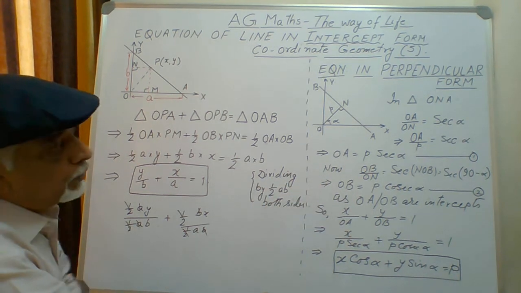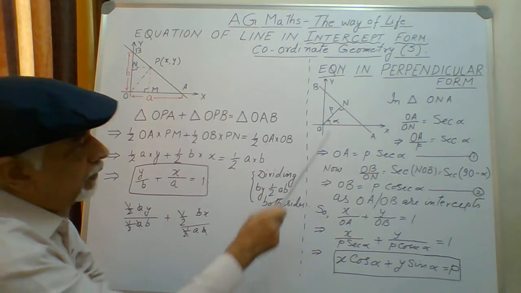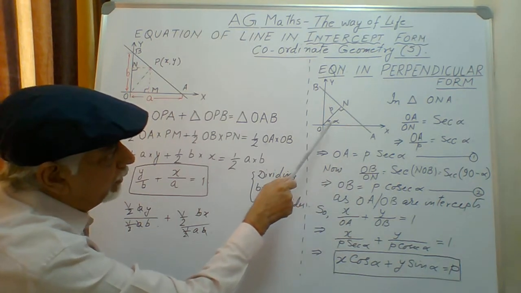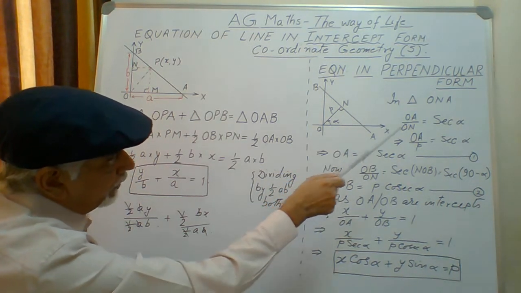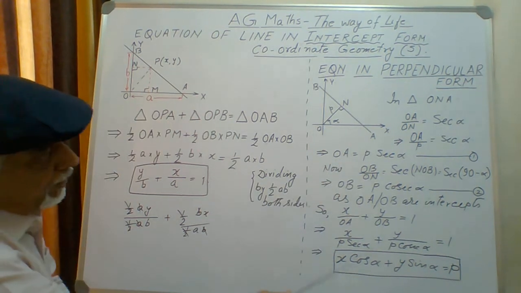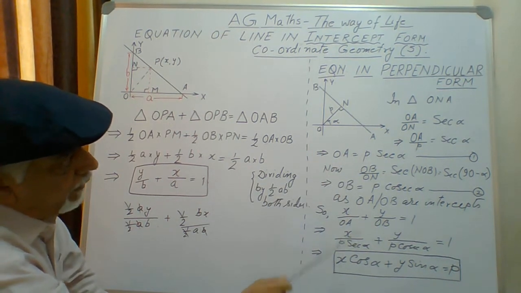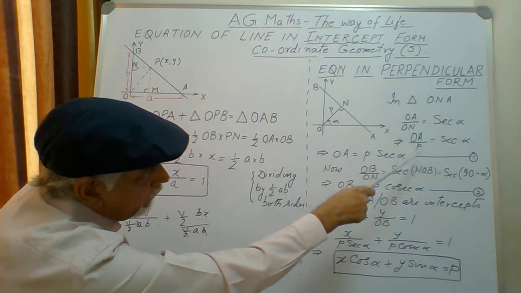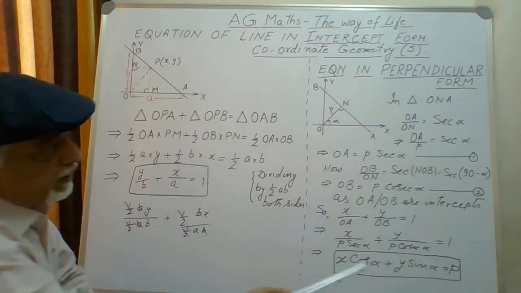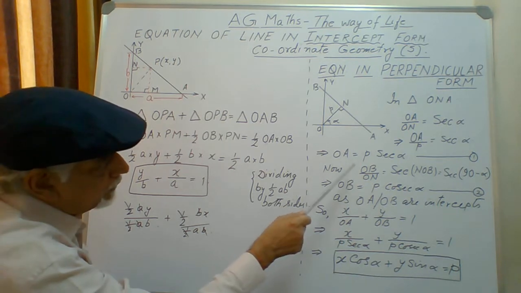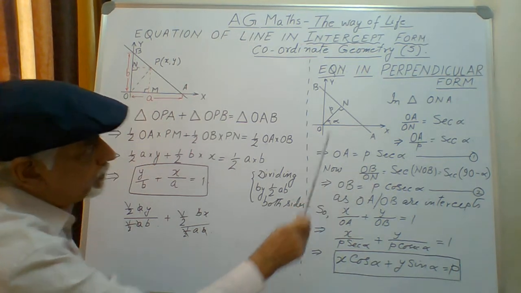We know from the trigonometrical ratio that hypotenuse divided by perpendicular is sec alpha. Right? So it is OA by p. OA by p is sec alpha. Now we can also say that OA is equal to p times sec alpha.